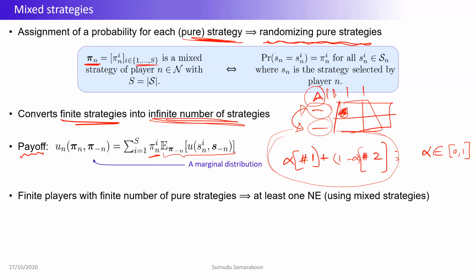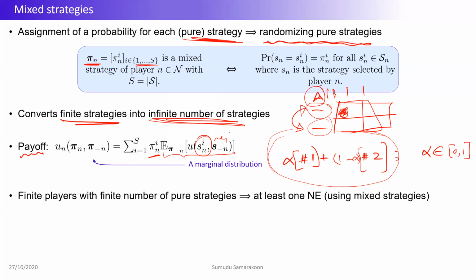The reason is the other players also randomize their strategies. So this is our choice of strategy, right? But this is the choice of all the others. But this choice again is based on certain probabilities.